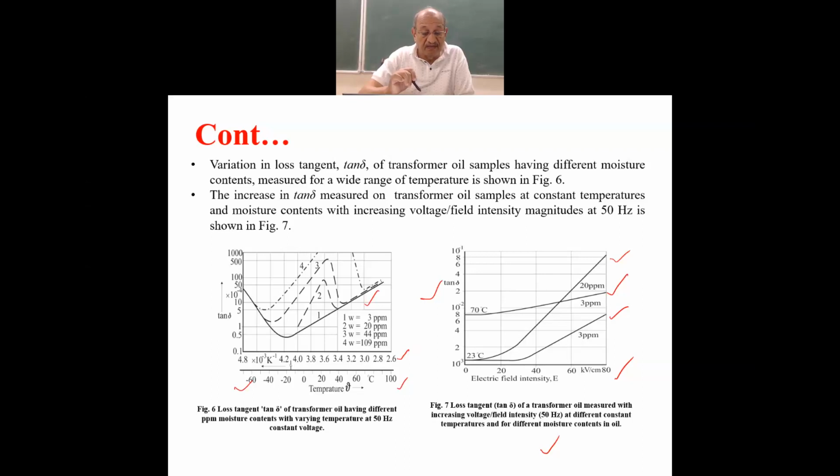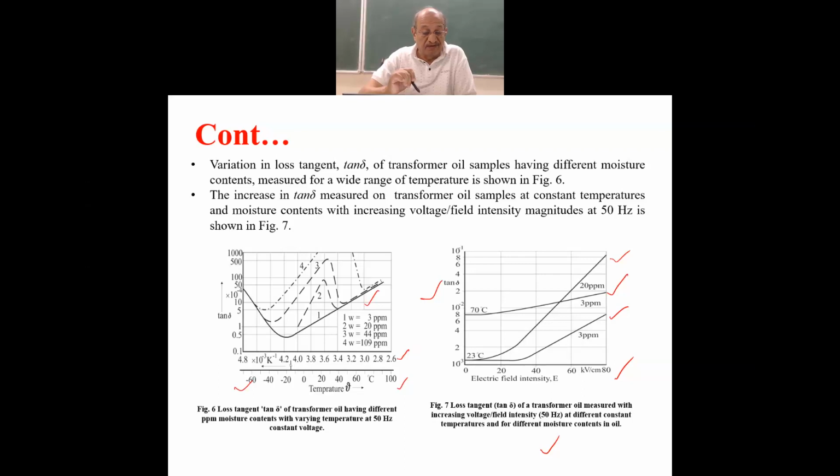In fact, it is tried here that the moisture content is also constant throughout the measurement, and the measurements have been performed at constant voltage. Only you can see the effect of temperature on tan delta is visible here.